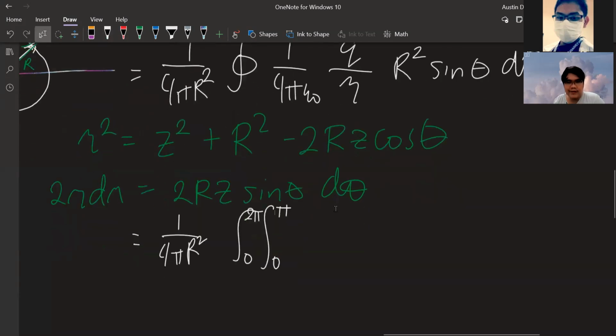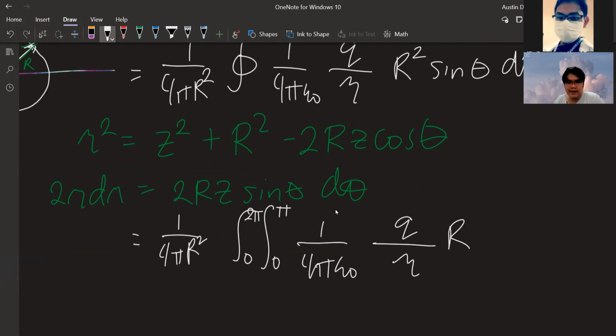Okay? For spherical thing. 4 pi epsilon naught q r, tapos may extra r ako dito. Then, ang mangyayari, plug in ko to dito sa r sine theta. So we actually have r sine theta d theta r over z. Tama? dr d phi.